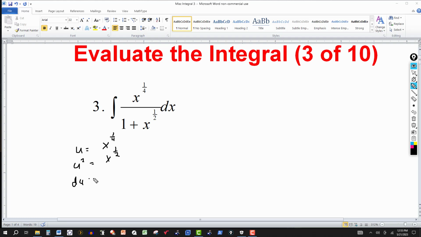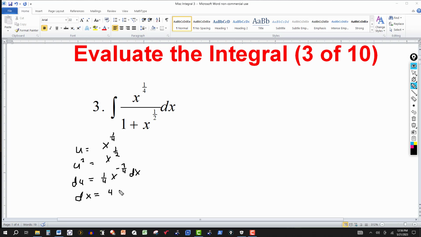And then taking the first one there, I'm going to compute du from the first one. Then du equals 1/4 times the coefficient of 1, will be 1/4. Subtract 1 from that exponent, this will give me negative 3/4 for the exponent, and then dx. Solving this for dx, I multiply both sides by 4 to get rid of the fraction on the right.